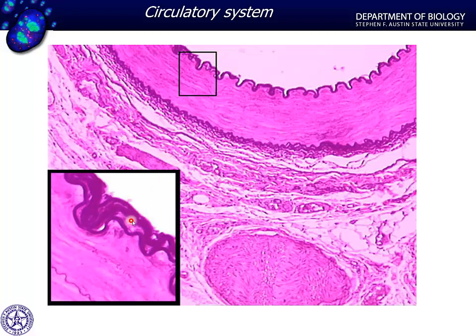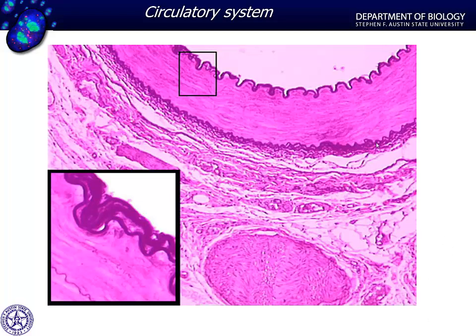But here in a higher magnification, we can begin to distinguish the cells on the very outside, subendothelial connective tissue, and then here you can see that very dark line. That is our internal elastic lamina. That's going to define the boundary between the intima, which is this area, and the tunica media, which is this area.